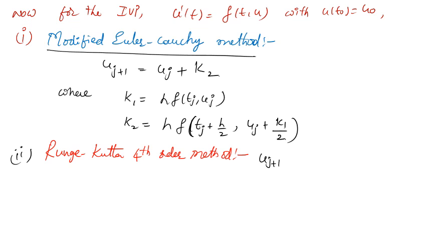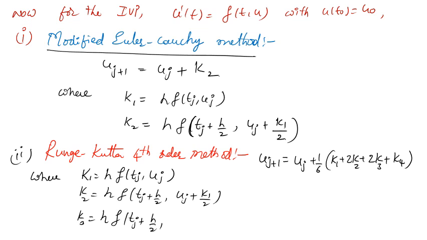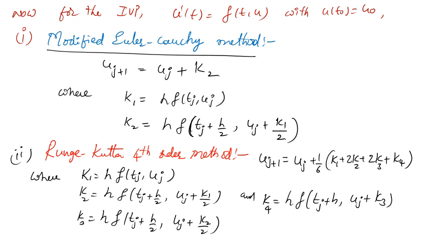What is the formula? u_{j+1} equal to u_j + 1/6 of (k1 + 2k2 + 2k3 + k4). k1, k2, k3, k4 are called Runge Kutta coefficients, where k1 is h into f(t_j, u_j), k2 is h into f(t_j + h/2, u_j + k1/2), and k3 is h into f(t_j + h/2, u_j + k2/2). And k4 is different now: h into f(t_j + h, u_j + k3). Okay, this is the Runge Kutta fourth order method. Mostly the problem will come in this formula.